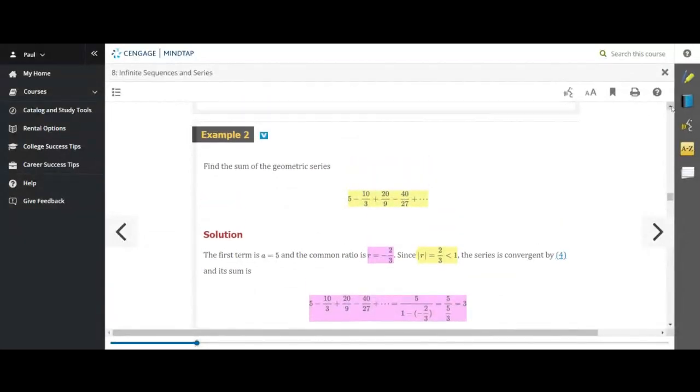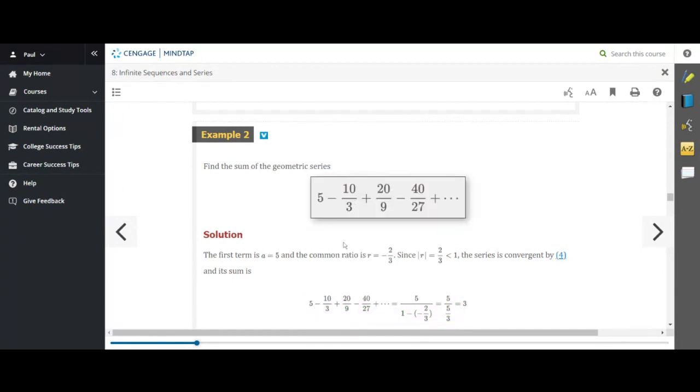So here in example 2, they want you to find the sum of this geometric series: 5 minus 10/3 plus 20/9 minus 40/27 plus, and so forth.